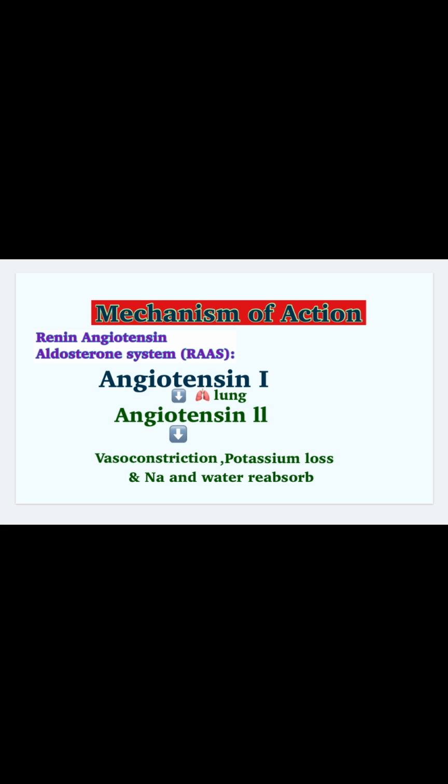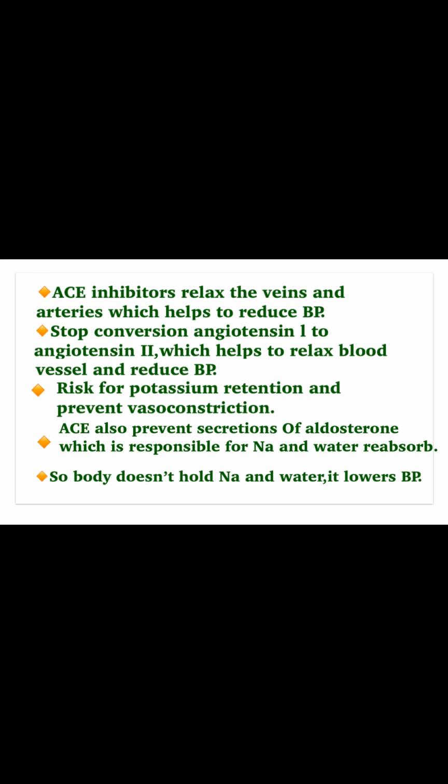Angiotensin 2 causes vasoconstriction, potassium loss, and sodium and water reabsorption. So ACE inhibitors help to relax the veins and arteries and then lower the blood pressure, by stopping the conversion of angiotensin 1 to angiotensin 2.